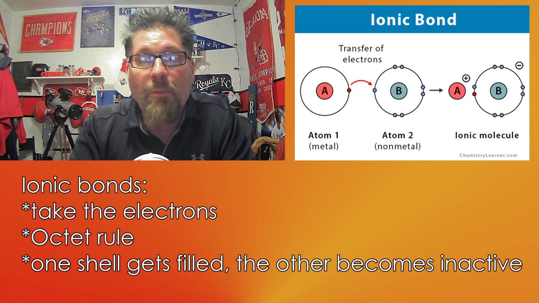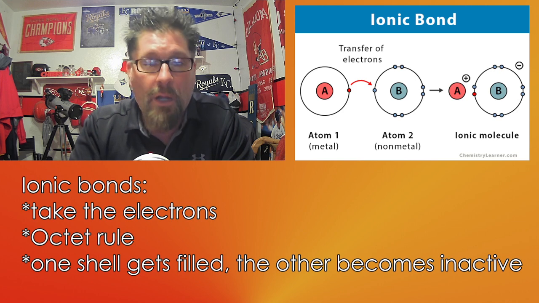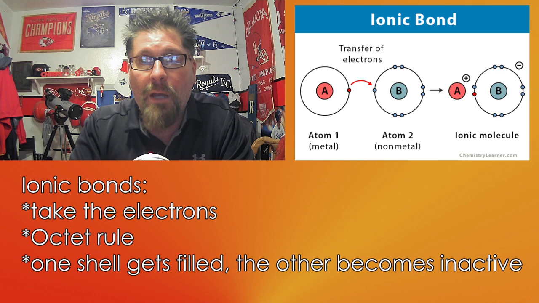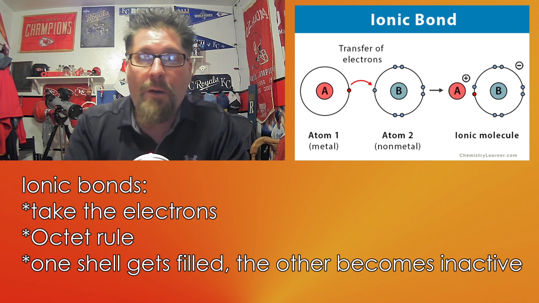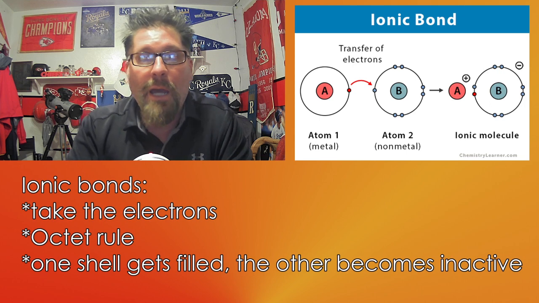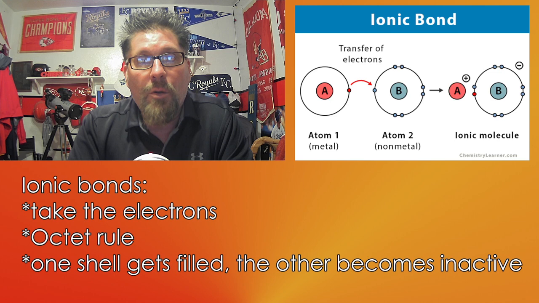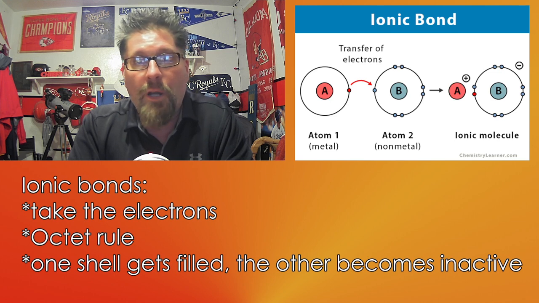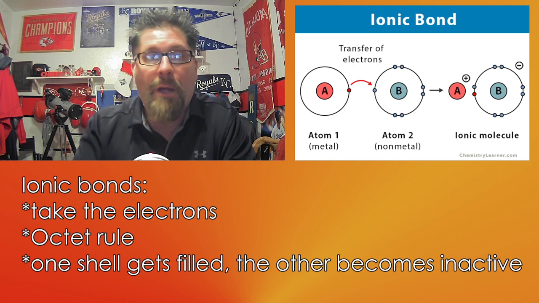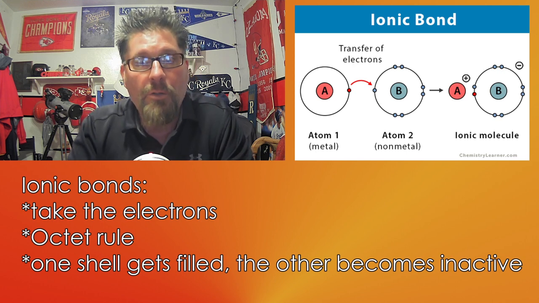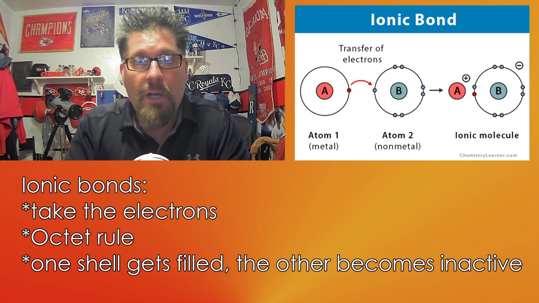Atom B will physically pull away the electron from atom A, and atom B now has a full outer shell, and atom A will fall back to an earlier or closer ring that is already full and meet the octet rule in that manner. So that's the idea of an ionic bond, the gaining or taking or losing of electrons.